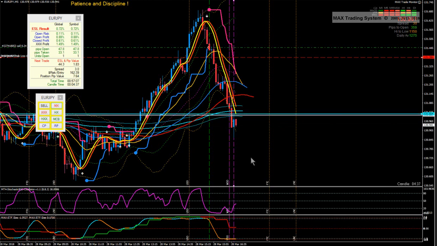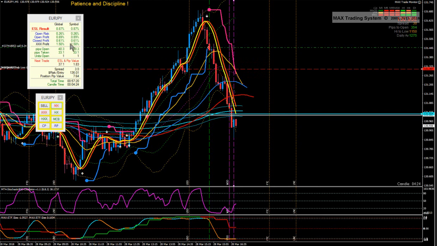So if the price comes back and hits that level, I will make my exit. In the meantime, I can further tighten my stop loss, locking more and more profit. Now I'm not too far from a 1% profit.